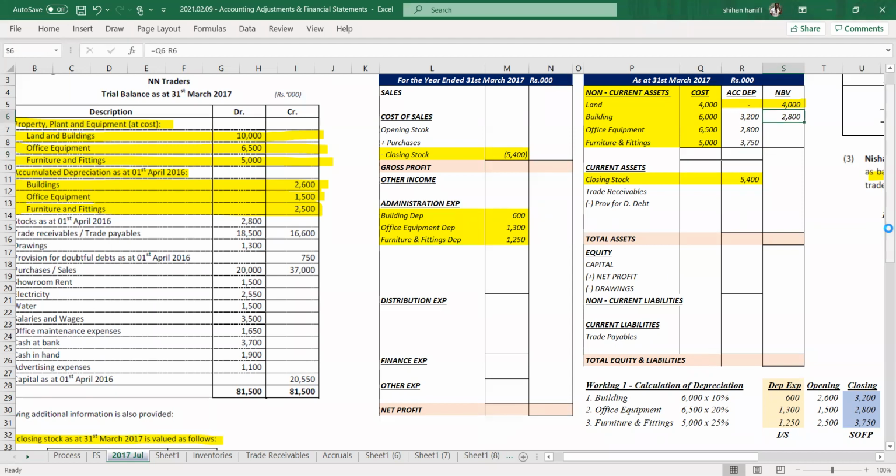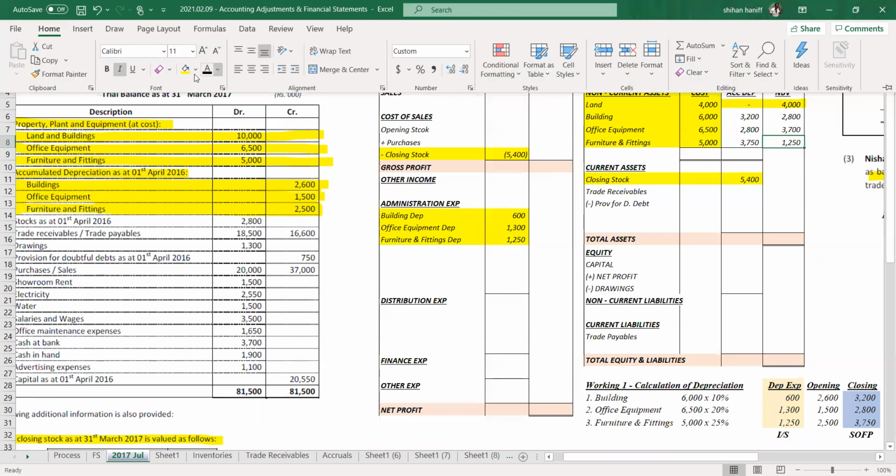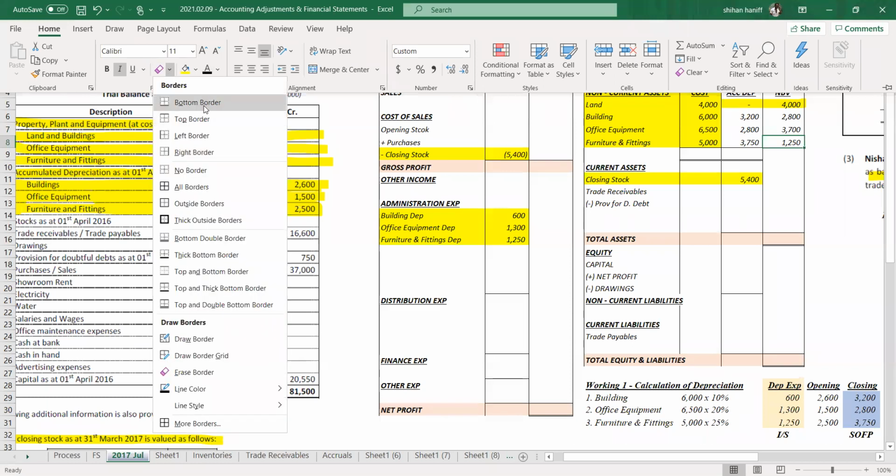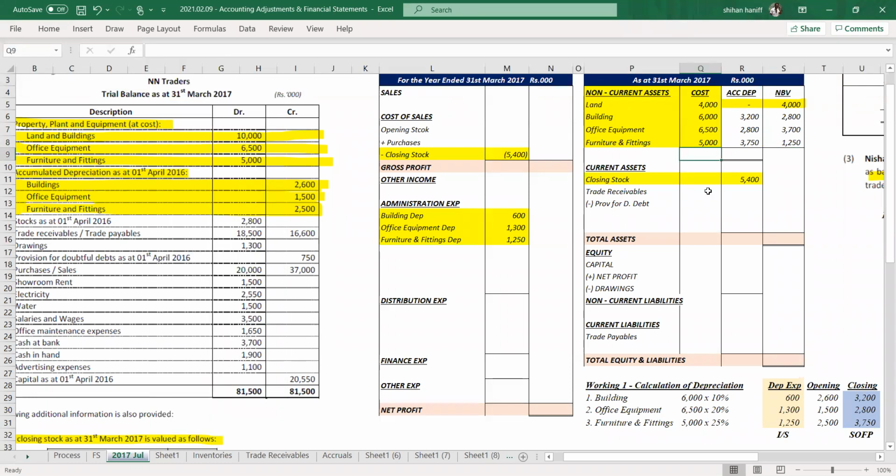Cost minus accumulated depreciation is net book value. In the total amounts, we have to take here 11,750, the total of the non-current assets.